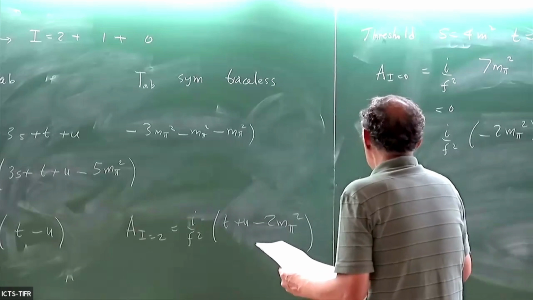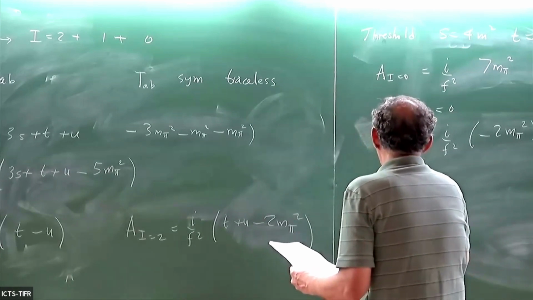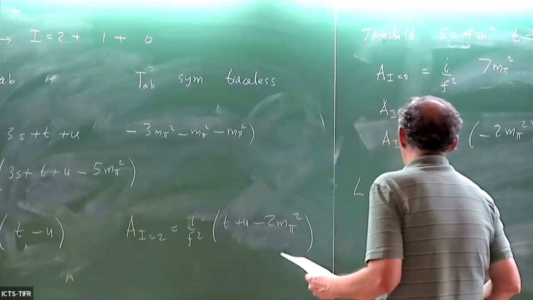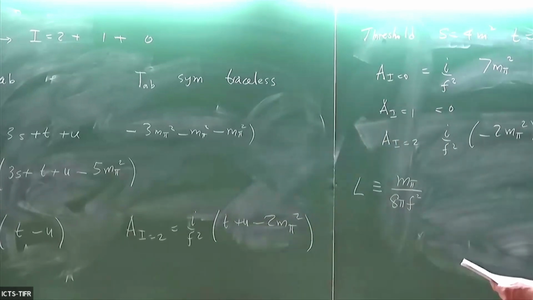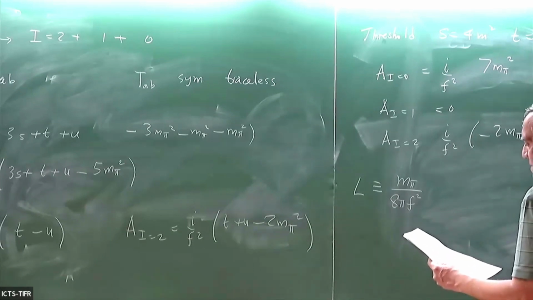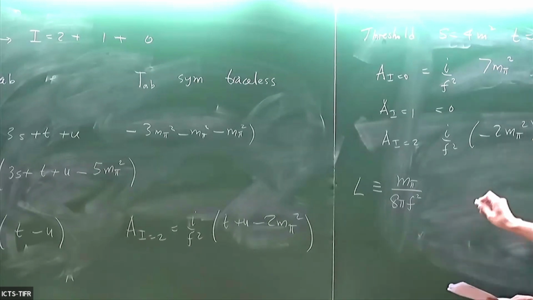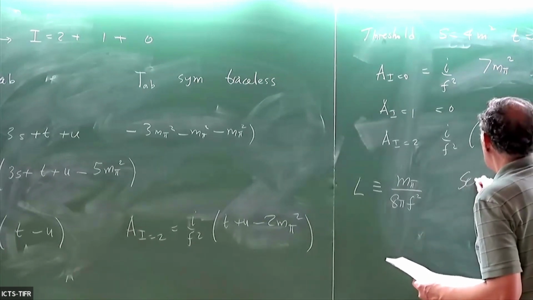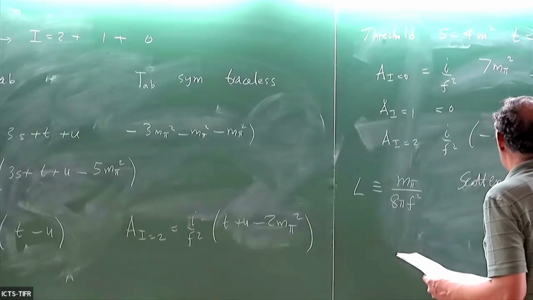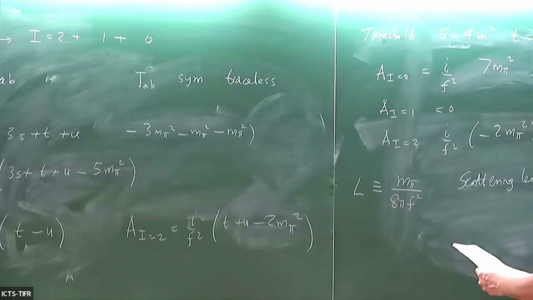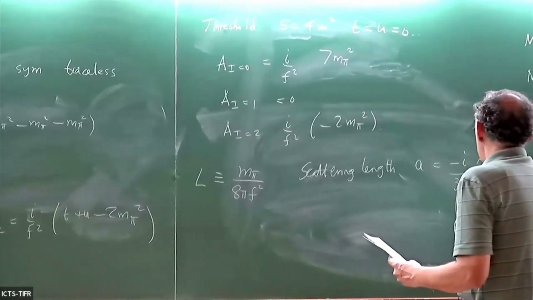There's a length which people have defined in chiral perturbation theory, which is m pi over f pi squared. So let me do 2 steps. And there's something called the scattering length, A, which is minus i times the amplitude over 32 pi m pi.